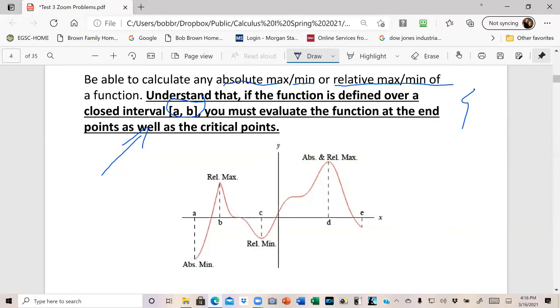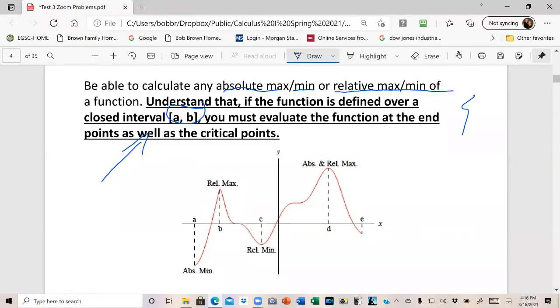So this particular function you see here is defined between a and, in this particular case, e. And so you see, for instance, here a relative max, a relative min.